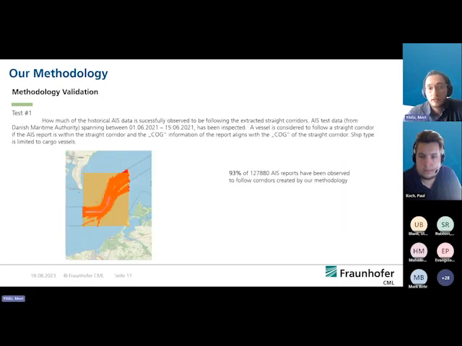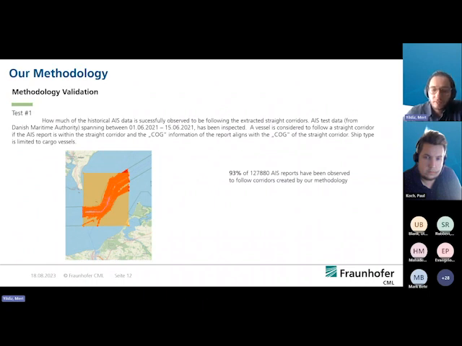The possibilities are endless. And now that I present you a methodology, you might say, okay, it seems like it is working, but is it really working? In order to understand this, we did two tests. First, we chose an arbitrary area. Again, we extracted traffic insight, and then we checked the AIS reports in this area. Are they really following the corridors that we have extracted?